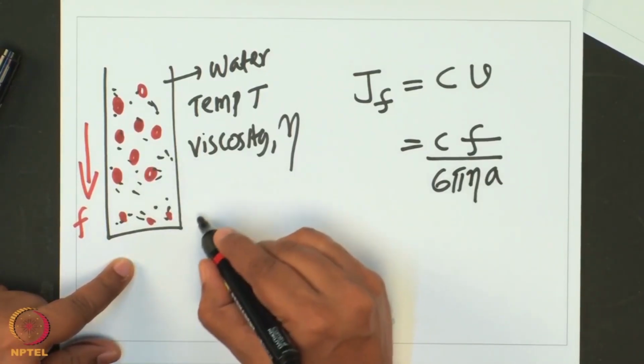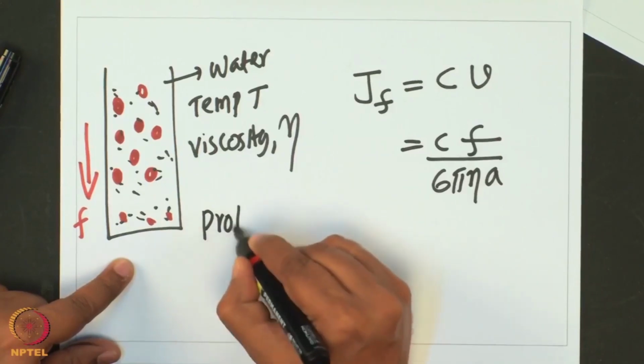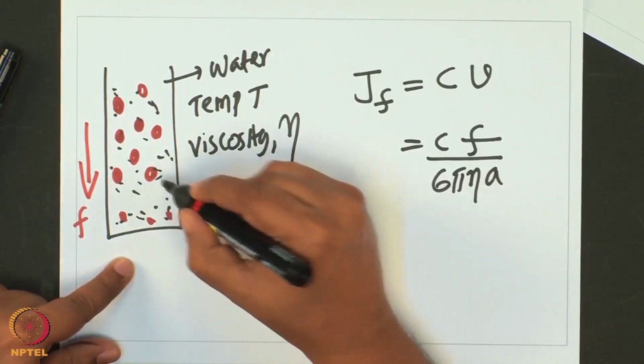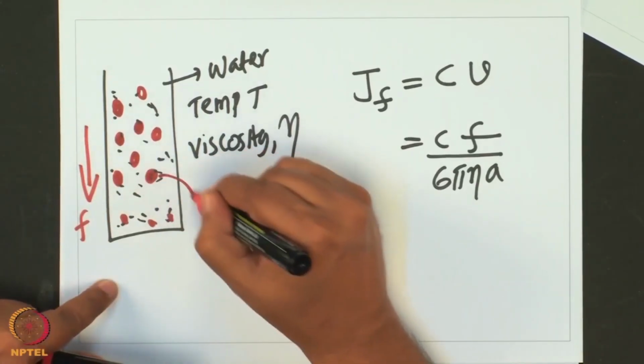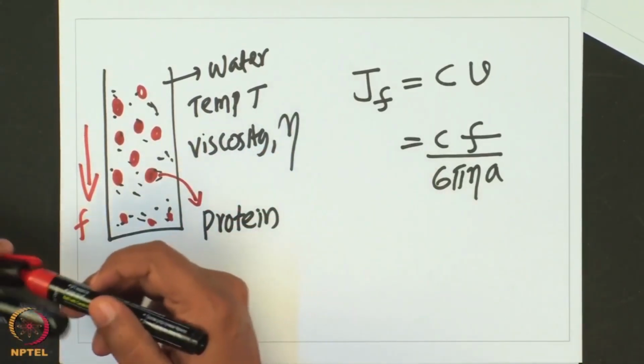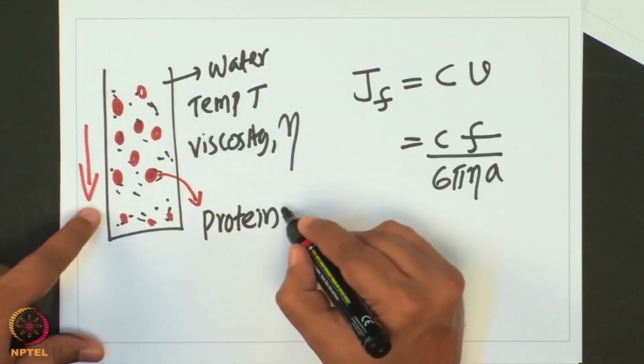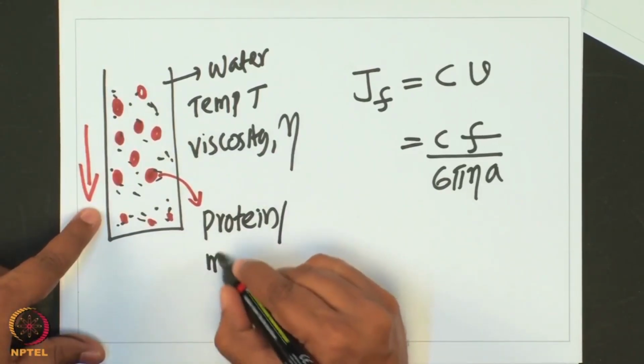These red things are protein molecules or other macromolecules.